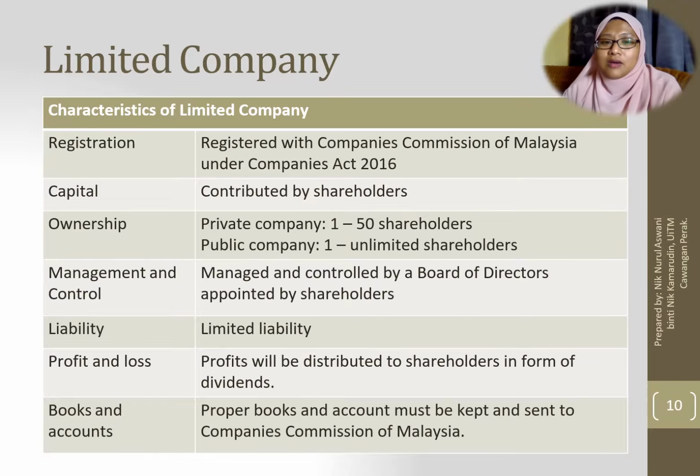For a company, any type of company, they are required to prepare proper books and accounts, which must be kept and sent to the Companies Commission of Malaysia. So in the next slide we are going to look at the difference between limited liability and unlimited liability. What does it mean by those?